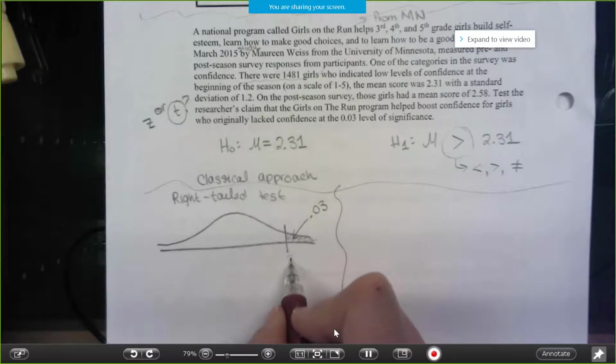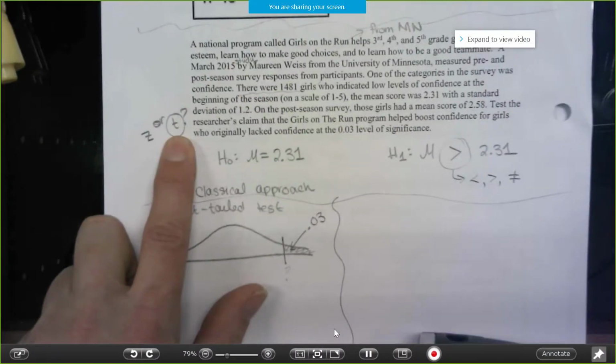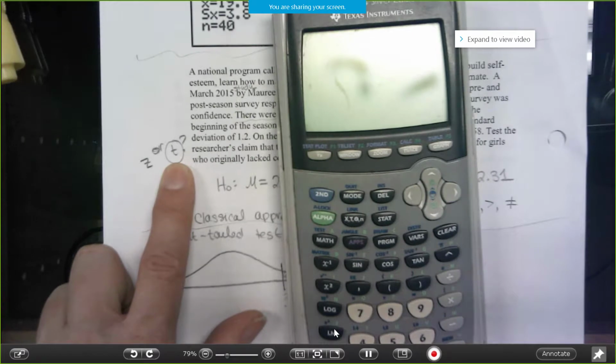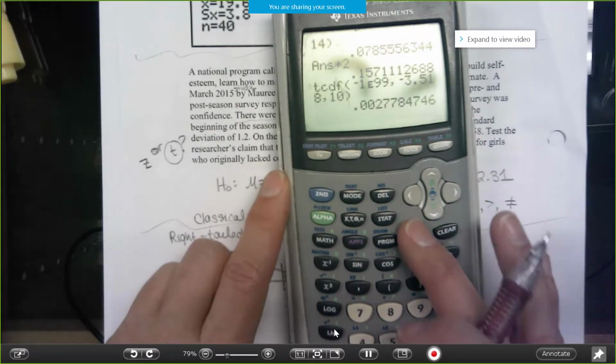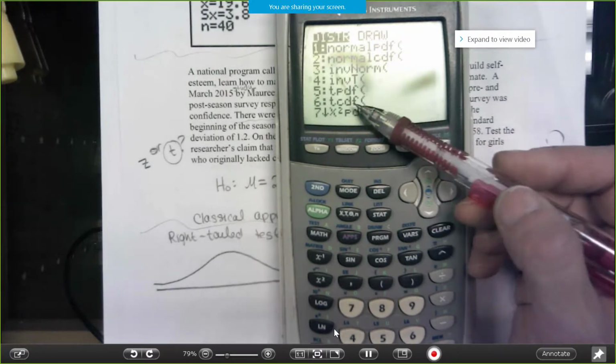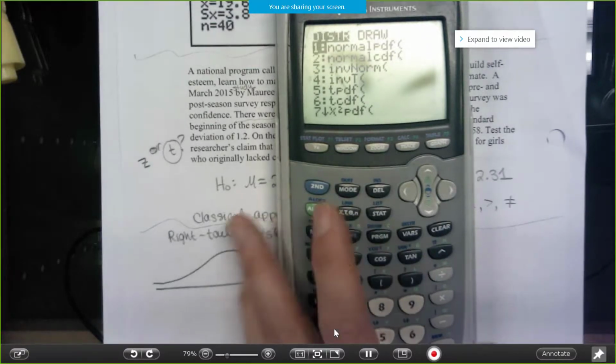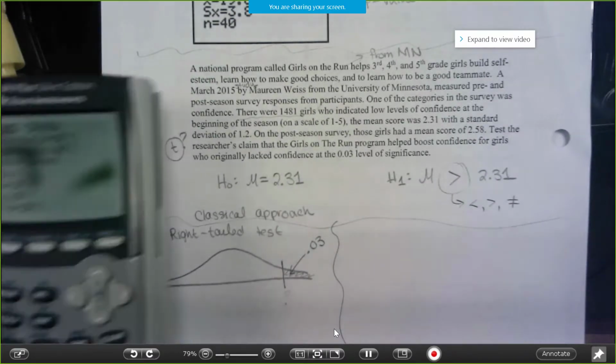How am I going to find this value? Well, so remember we're using the t distribution, right? So if I go to my calculator, the things with t that we're allowed to use are either INVT or TCDF. Which one will we use? INVT, because we already know the area. We're trying to find the value.